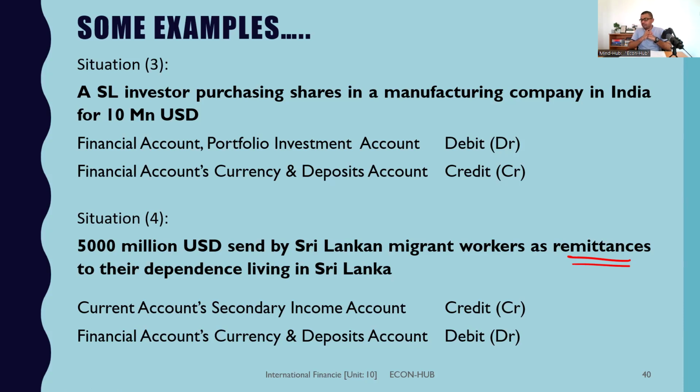We can't go and record this in the financial account where there's no monetary inflow. But all things have to be recorded in two places. If there's a credit, there should be a debit entry. If there's a debit, there should be a credit entry. So what we do is we record this as a complete current account item, right? We don't have one in the financial, both in the current. So I'll give you a certain idea about the double entry, right?